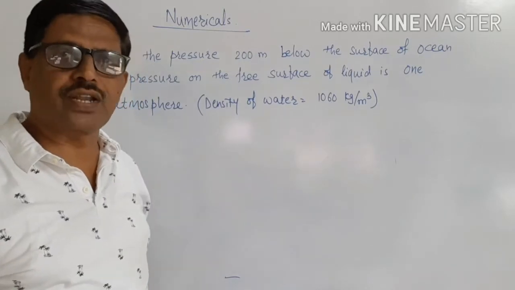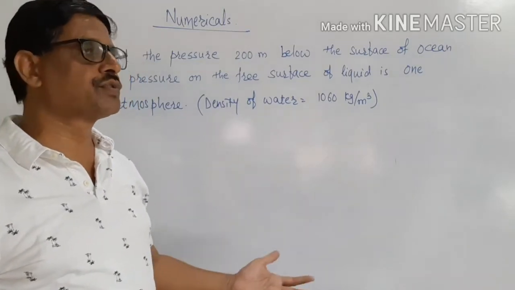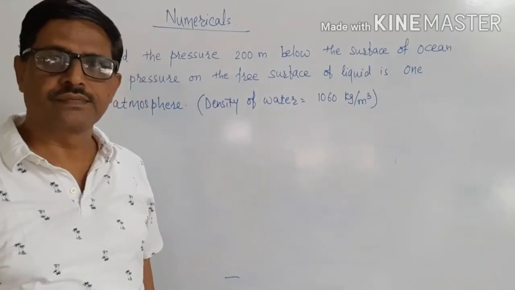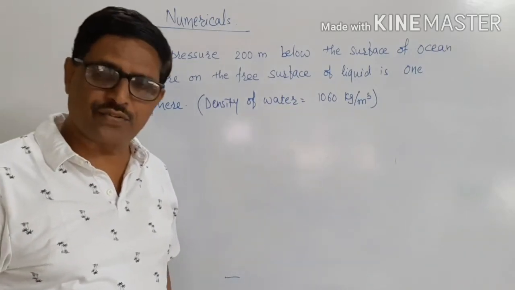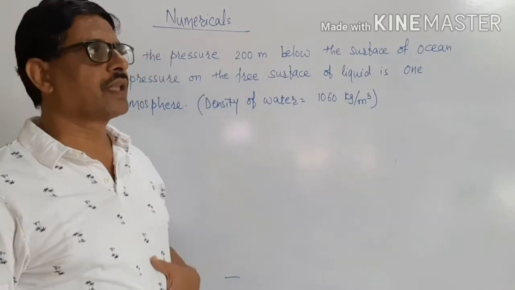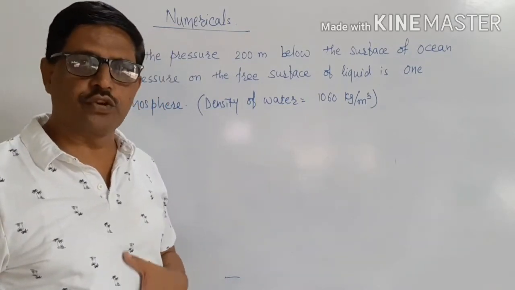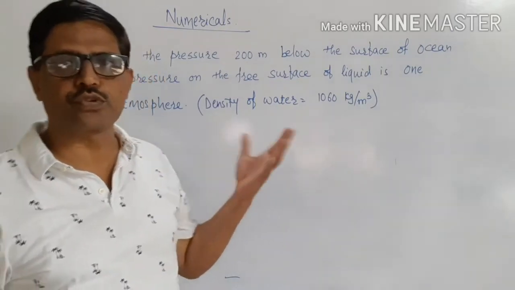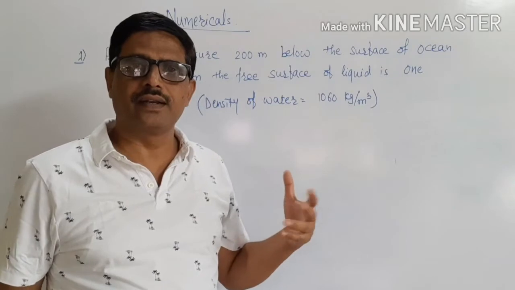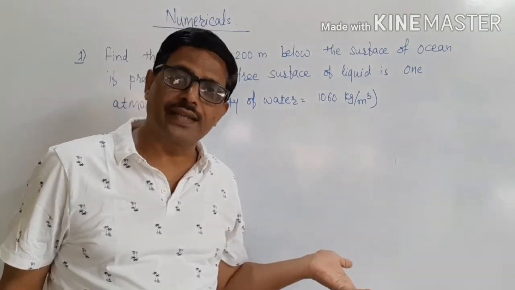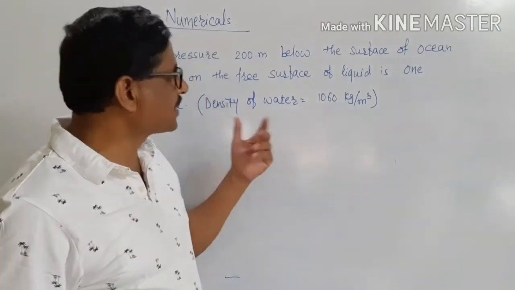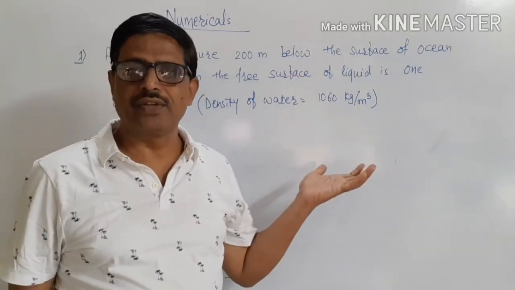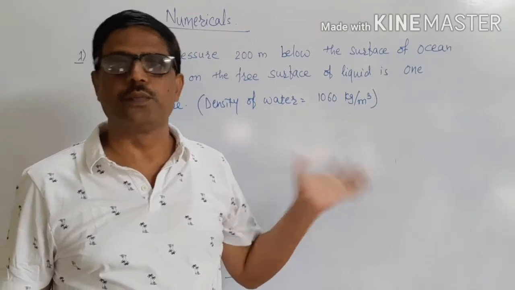The density of water, we used to take it as 1000 kilogram per meter cube in SI unit, and in CGS system it is 1 gram per centimeter cube, but it's water in the ocean, which is supposed to be hard. It used to have a salt in it, therefore the density is little bit more, therefore instead of 1000 it is given 1060 kilogram per meter cube.